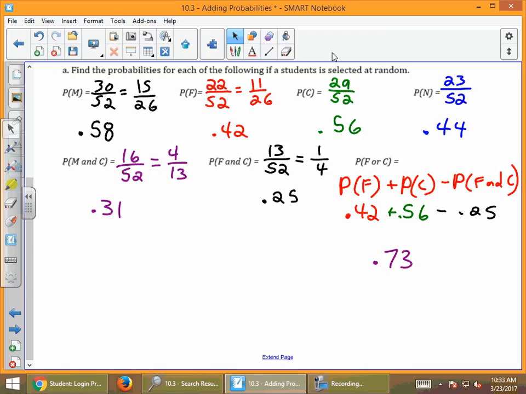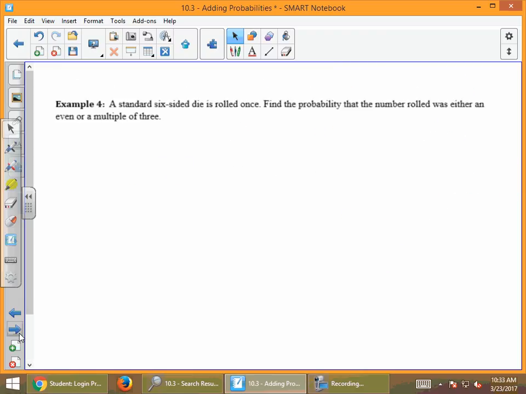Alright. Another example. If we look at example 4, a standard 6-sided die is rolled once. Find the probability that the number rolled was either an even or a multiple of 3. So sometimes or is kind of hidden in the word problem. If you're given a word problem trying to find the probability of this or that, you're still writing down that formula.